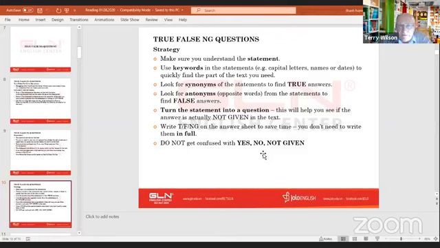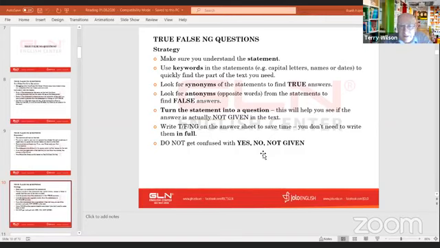And true, false, not given on the answer sheet. Write true, false, not given, or T, F, and NG on the answer sheet to save time. You don't need to write true or false or not given in full. And again, do not get confused with yes, no, not given.